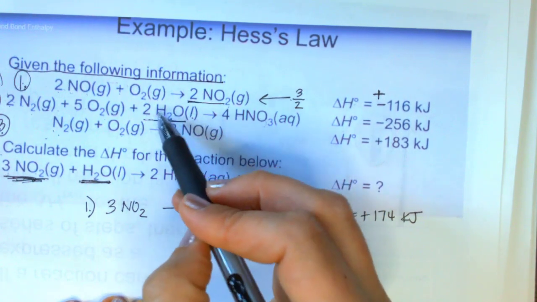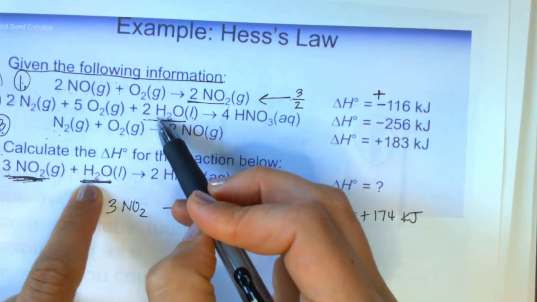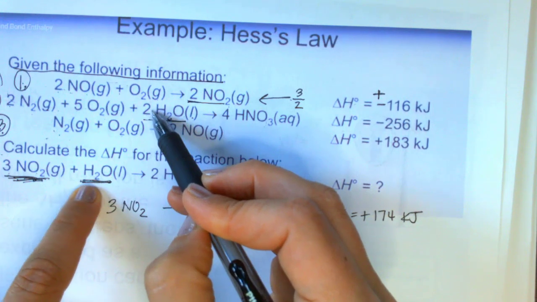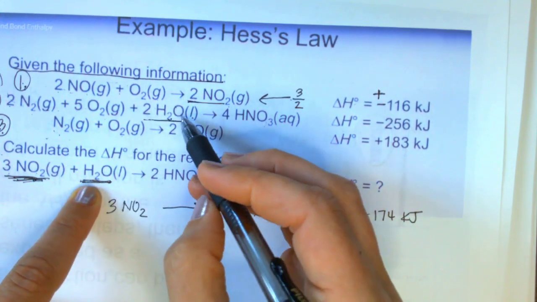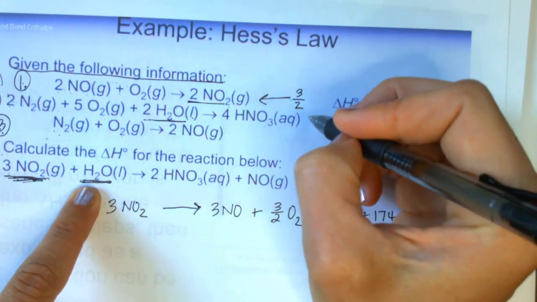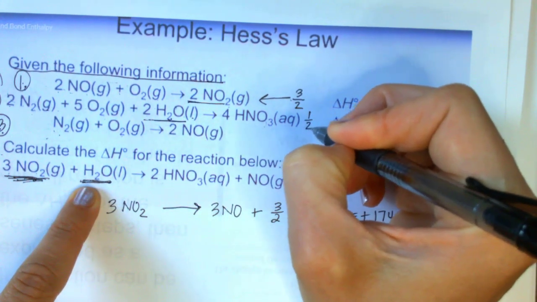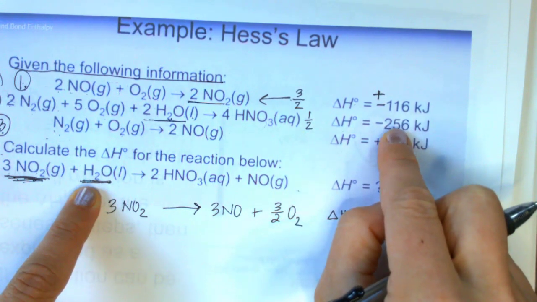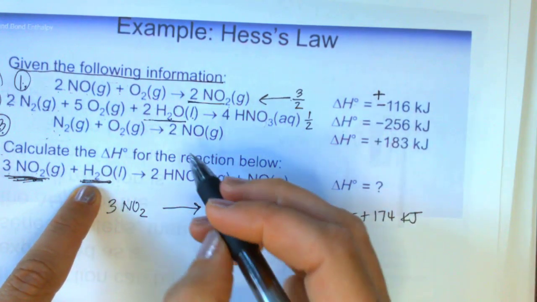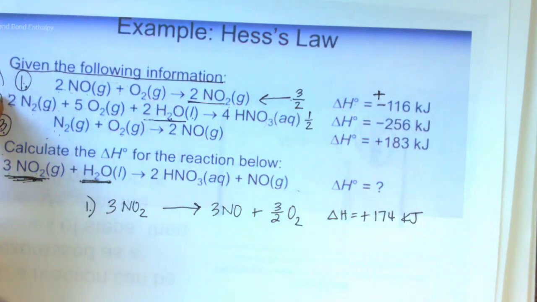But what do we see? We want 1 mole of H2O, and right here is 2 moles of H2O. So how do I go from 2 to 1? Well, let's cut it in half. All right, so we just need to take everything in this equation and cut it in half, even our delta H.